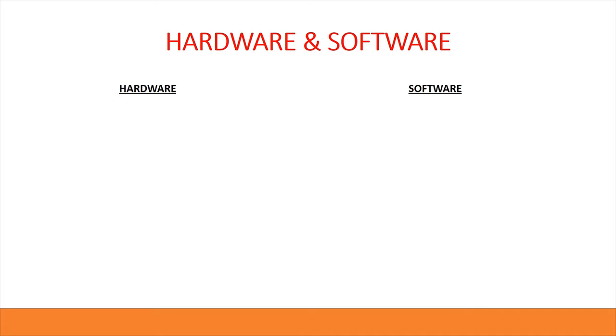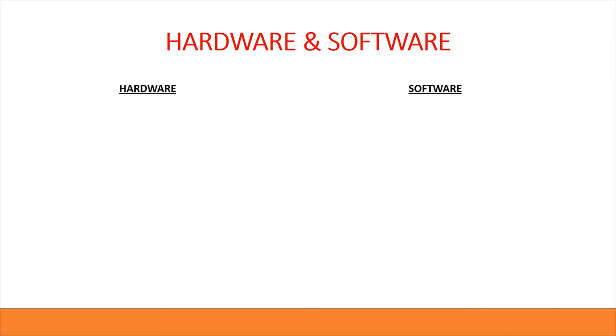The first category is input devices, the second is output devices, the third is storage devices or memory devices, and the fourth is the processing device, or processor, everything that has to do with the central processing unit, or CPU.